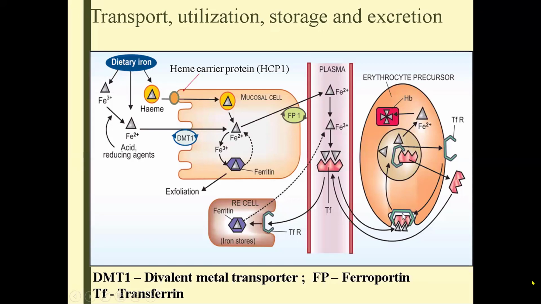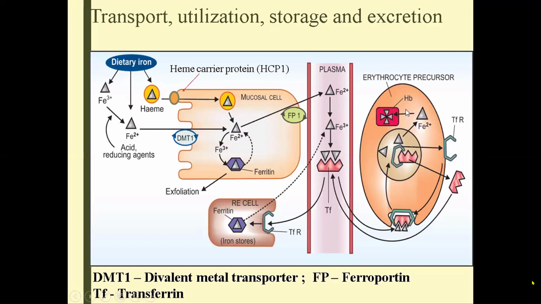Now with the help of this transferrin receptor, they will be endocytosed, right? Endocytosed, and within the intracellular vesicles, right, at the pH of these intracellular vesicles, all these three molecules will be dissociated. You can see here the transferrin, the receptor, as well as the iron, right?